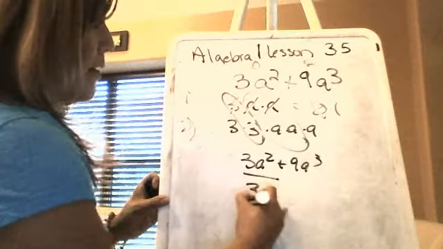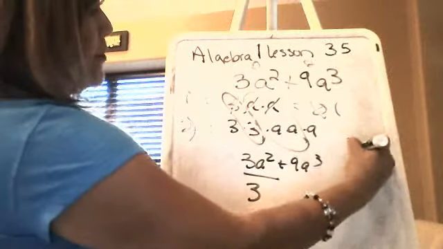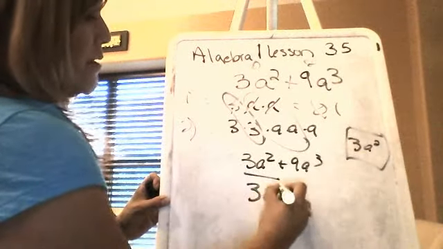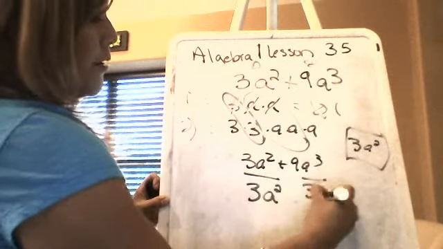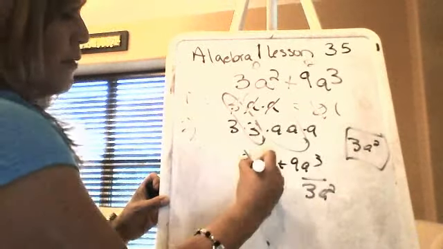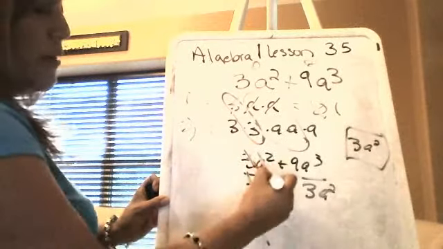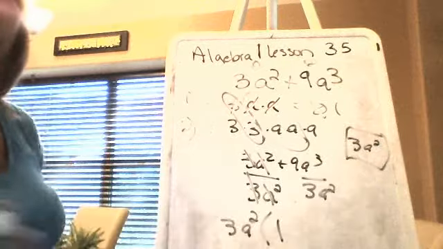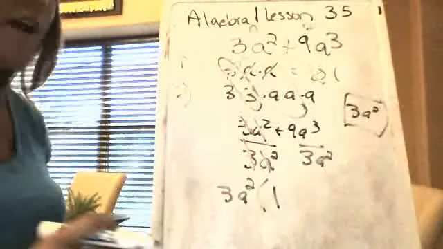We're dividing by, we said our greatest common factor was 3a squared. We're dividing both terms by 3a squared, and that's what we're taking out. 3 divided by 3 is 1. A squared divided by a squared is 1. It's 1, not 0. We have to remember that's 1.